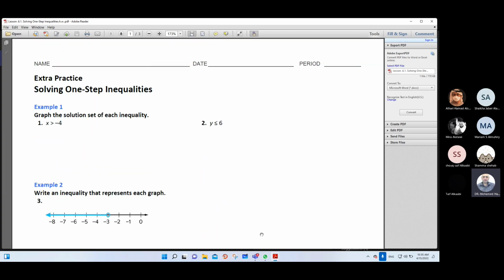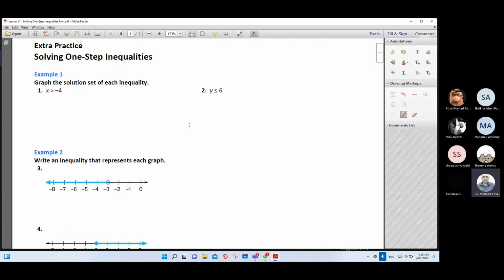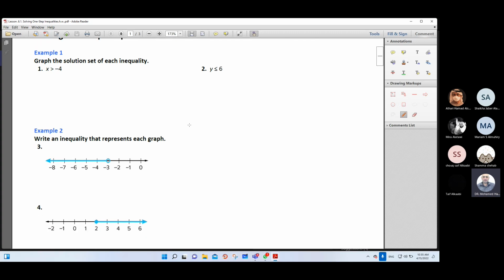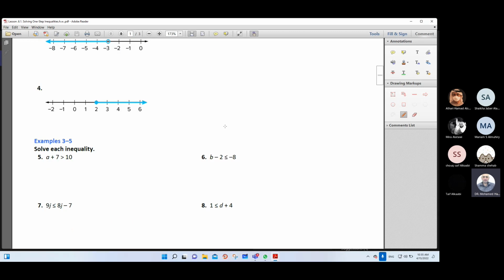Last previous lesson we solved number 1, number 2, and number 3, number 4, and number 5.